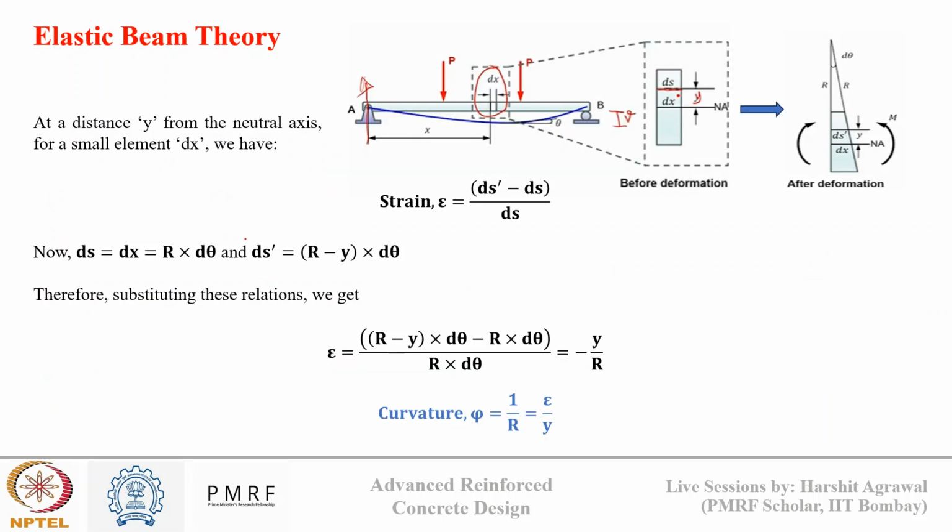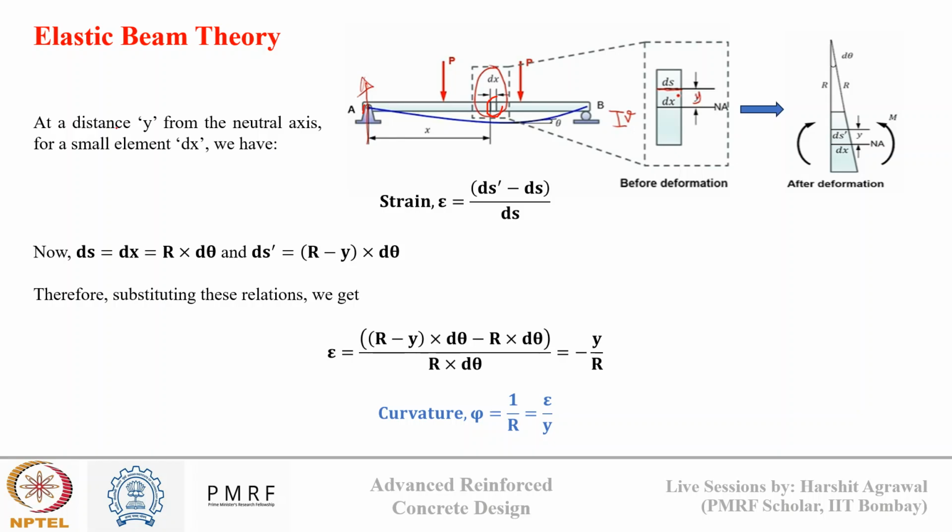Now, for a particular strain in reinforced concrete, how will I find the curvature and the moment in the RC section? Suppose this is my reinforced concrete beam, a simply supported reinforced concrete beam, and I'm considering a very small segment dx of this beam.